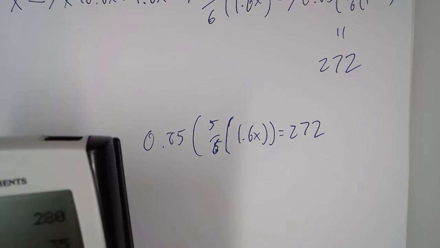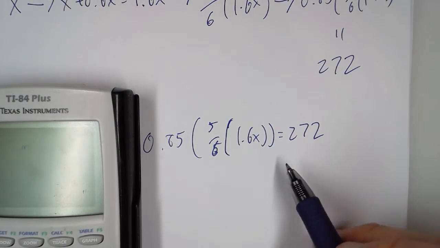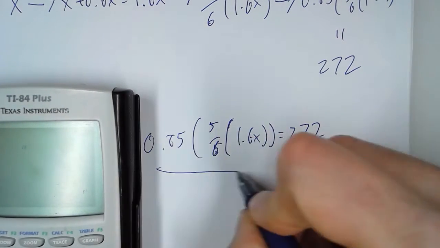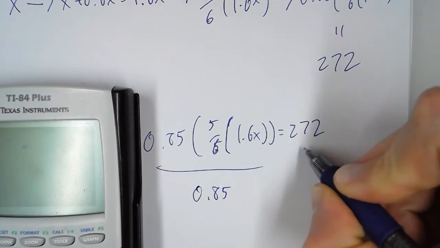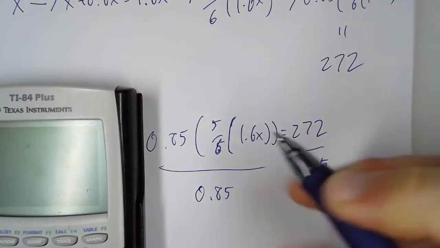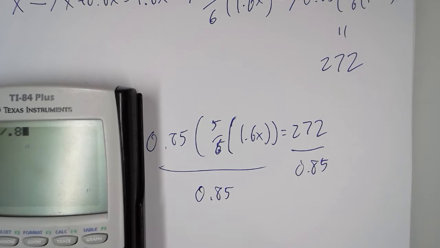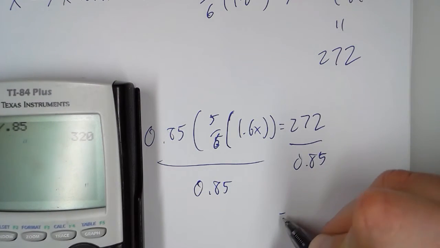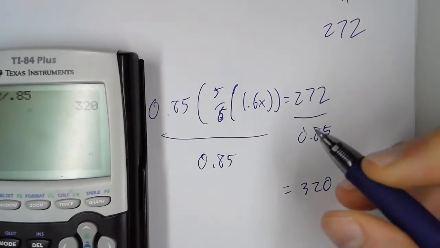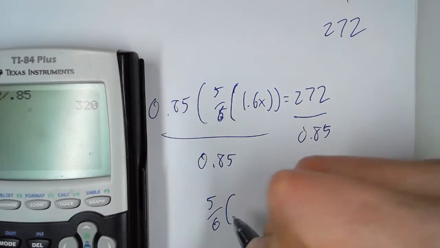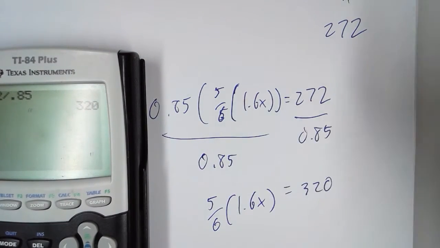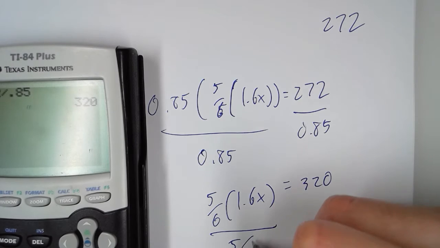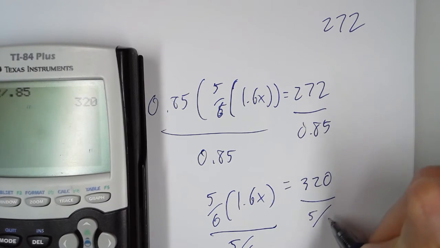So now what we can do is take 272 and divide by 0.85. And when we do that, we get 320. So next, we need to divide by 5/6.